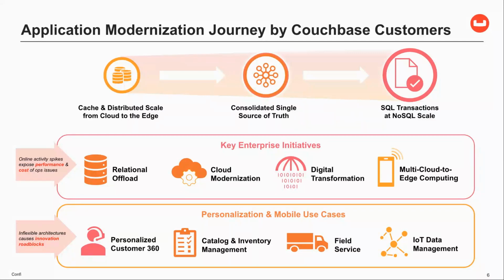The second area of pain that we see very regularly is that an inflexible architecture is causing roadblocks to innovation. This means that those systems are so inflexible that a customer organization cannot pivot or change their applications in an effective way to address new market needs. In order to keep up and in order to keep their customers happy, they need to create more personalized experiences for their customers across a number of different use cases.